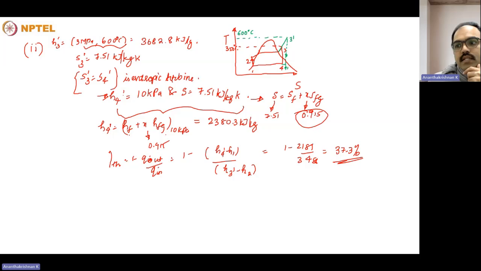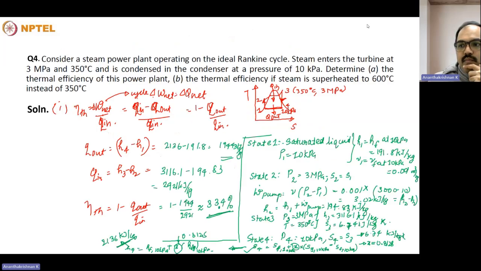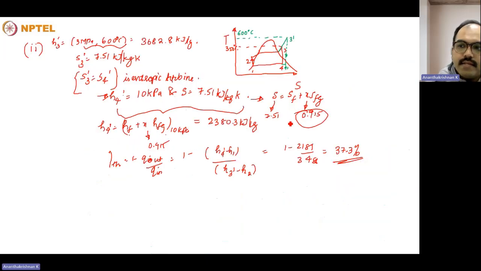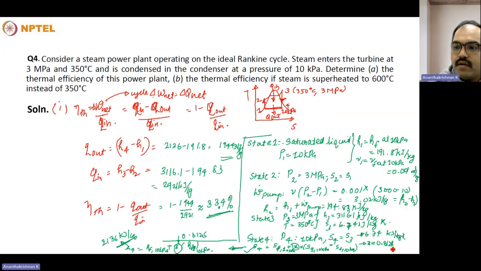Only by increasing the exit of the boiler or the input of the steam to a much higher temperature region. So basically steam condition, it's much more superheated at the input of the turbine. So why does the efficiency increase in this case? We only changed that. Then also another point to notice is that the quality of the steam in the first case was 0.8128, 80% vapor.